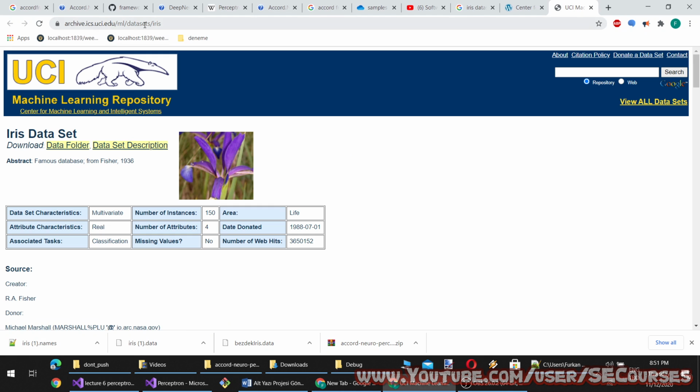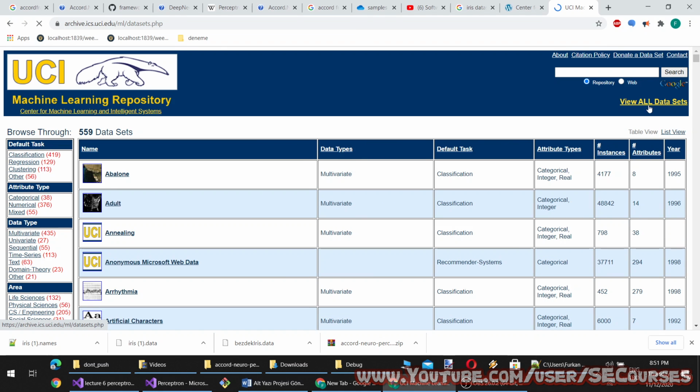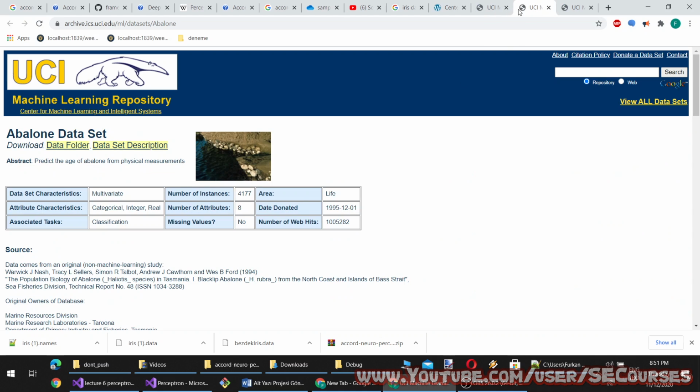Okay, let's return to datasets here. Oh, there was also a link here. Okay, so number of attributes and instances. Abalone, adult, what are they?